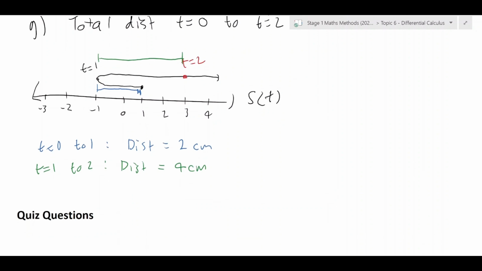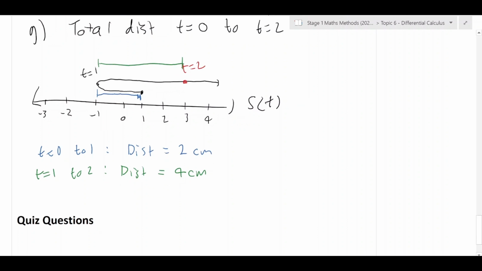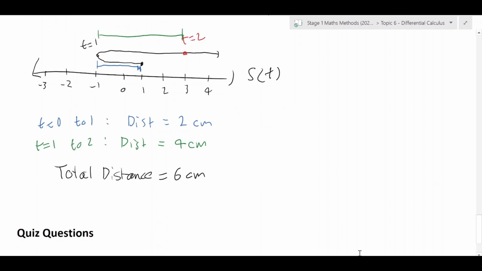So yeah, if you just looked at the total difference, so the displacement difference would be from 1 to 3, it would be 2 centimeters. But what we can say here is that the total distance is 6 centimeters.